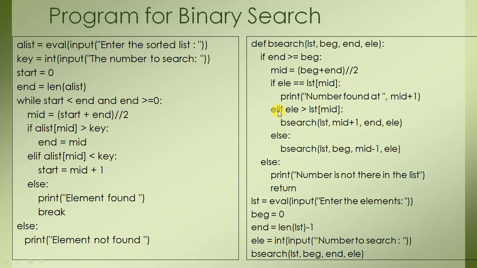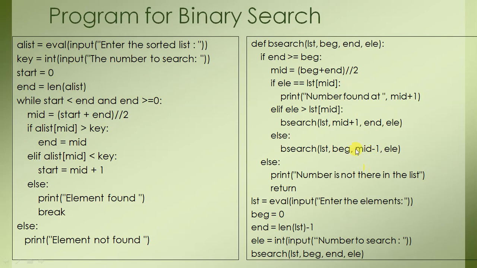Then you check if the element is greater than the middle element, then you will search in the second half of the array, and otherwise you will check in the first half of the array. If you are checking in the second half, your beginning becomes mid plus 1 and the end remains the same, whereas if you are searching in the first half of the list, then your end comes to the position mid minus 1.